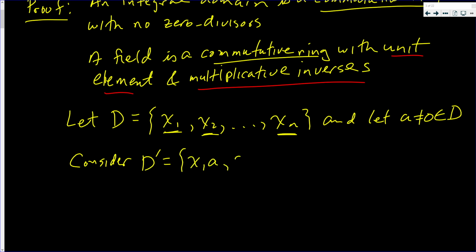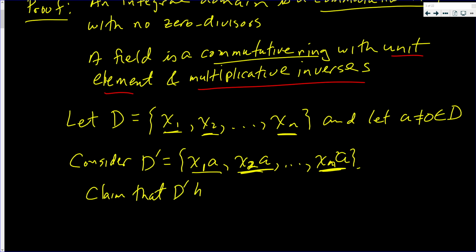So we have x1a, x2a, all the way down to xna. Now, this also has n elements. That's the first one, that's the second element, that's the nth element. And I claim that D prime has n distinct elements. That is, no two elements in here are the same.